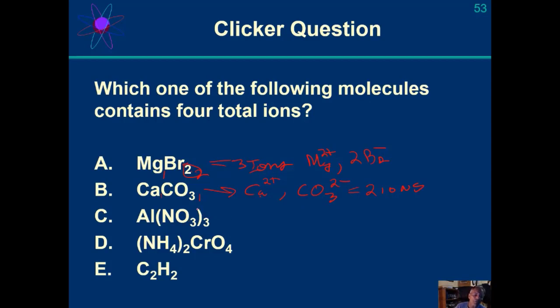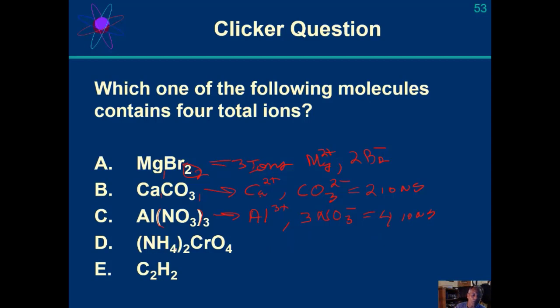Whenever I have a set of parentheses like I have here, everything inside the parentheses is multiplied by the subscript outside the parentheses. So that's going to give me 1 aluminum ion, and if you remember from the periodic table, aluminum is always +3, it's never different. And then you're going to have 3 polyatomic anions. That's 1 plus 3, or 4 ions.